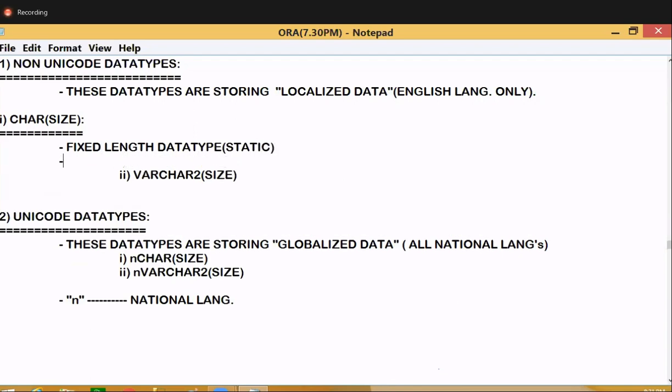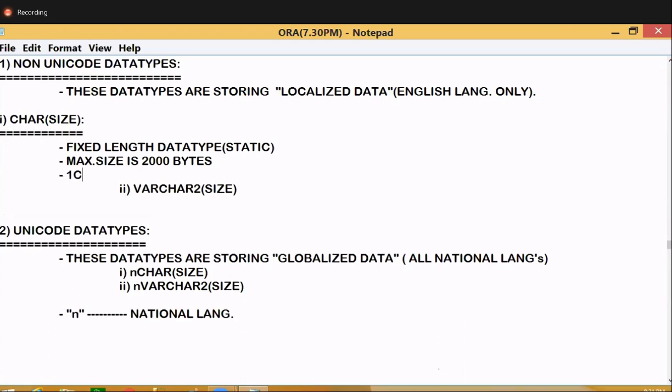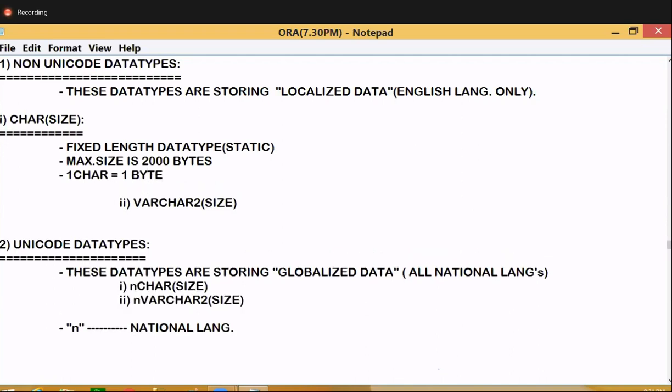How many bytes does this data type occupy? The maximum size is 2000 bytes, and each character takes 1 byte of memory. So this is the pattern in which the characters are stored.